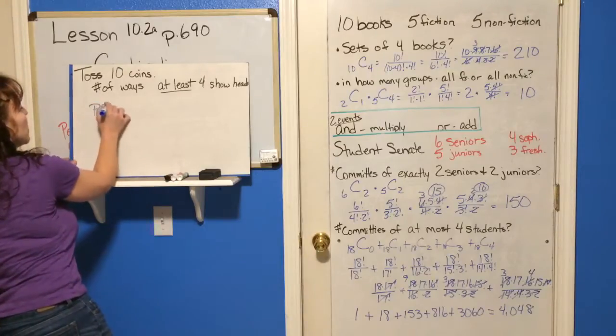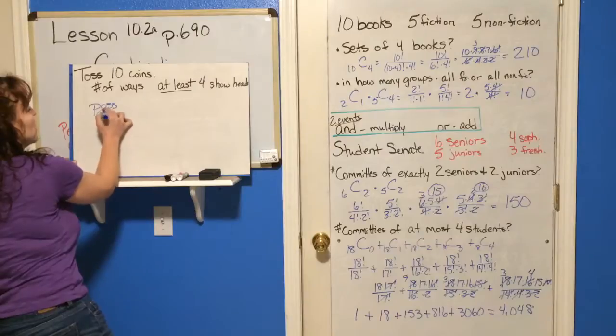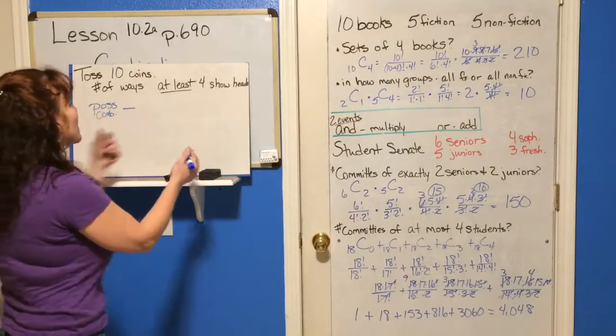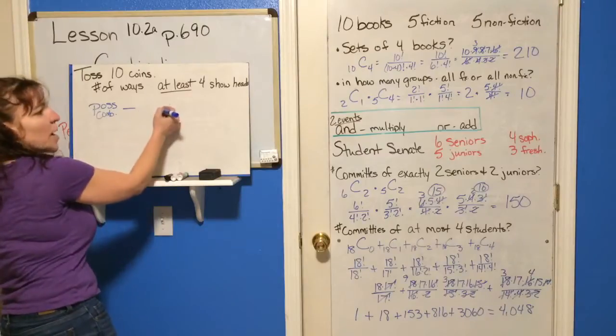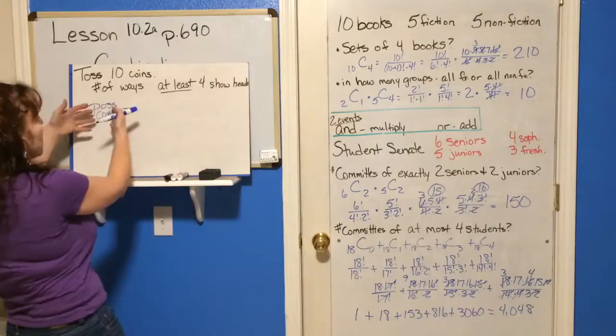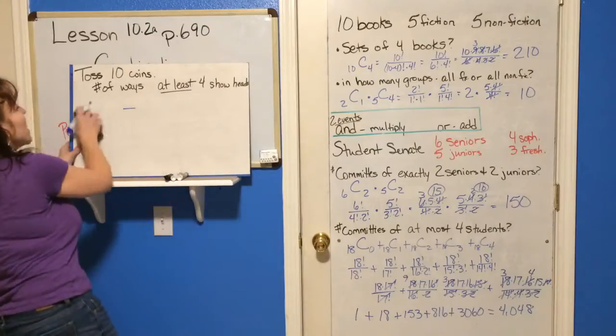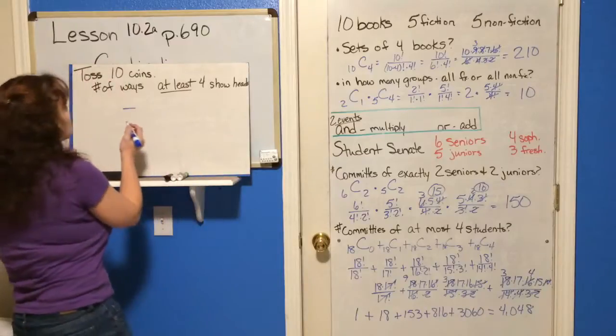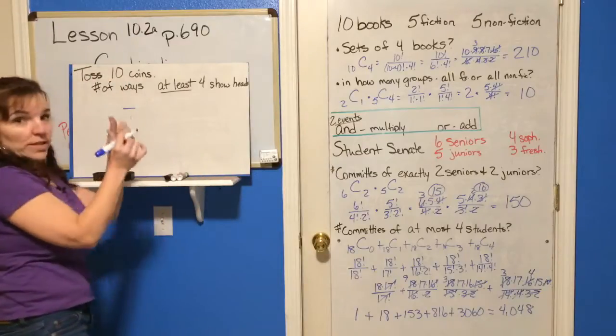So the possible outcomes, the possible combinations, and let's subtract the combinations that are not included here. So in this case, we're going to take the possible combinations of 10 coin tosses. There's 2 choices, right?